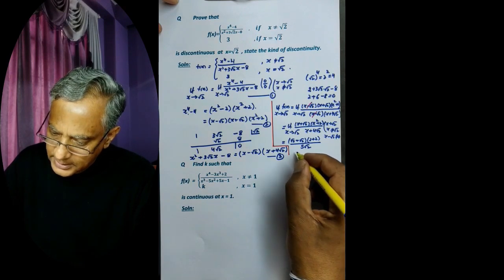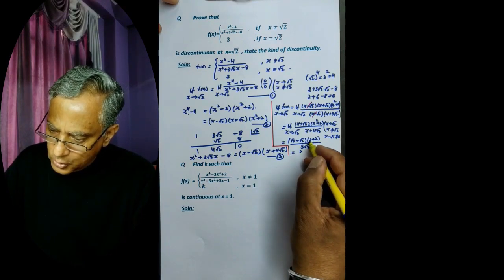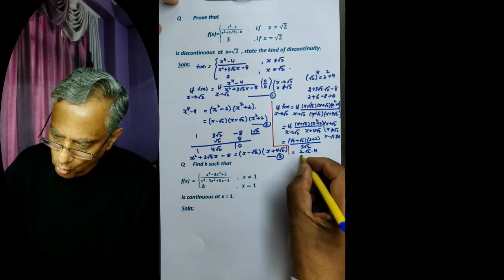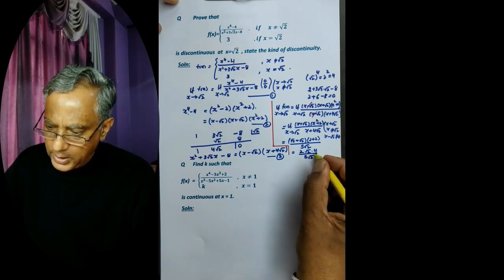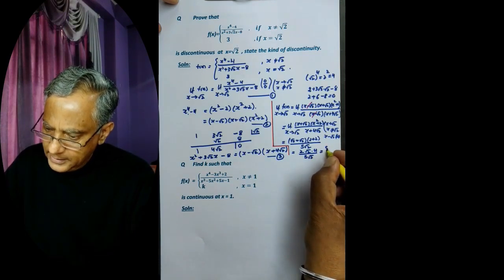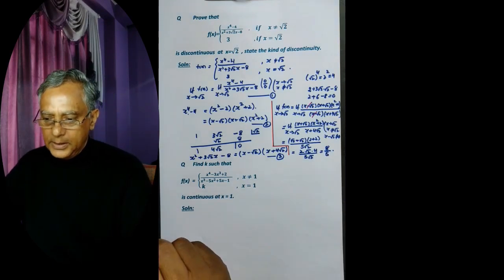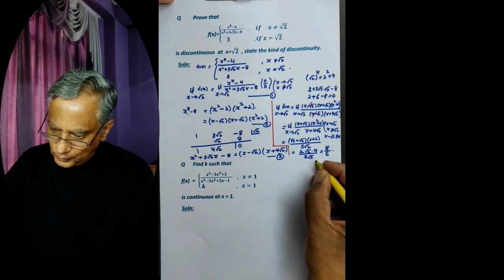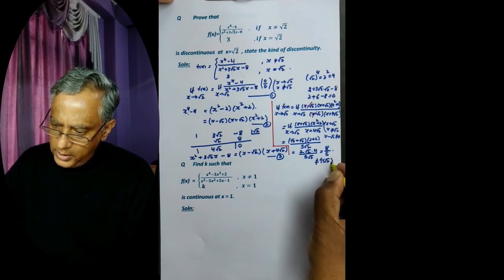So 2 plus 2 is 4, 2√2 into 4 by 5√2. So √2 cancels and we get 8 by 5. So this is 8 by 5, and this is not equal to the value of the function at the point √2.